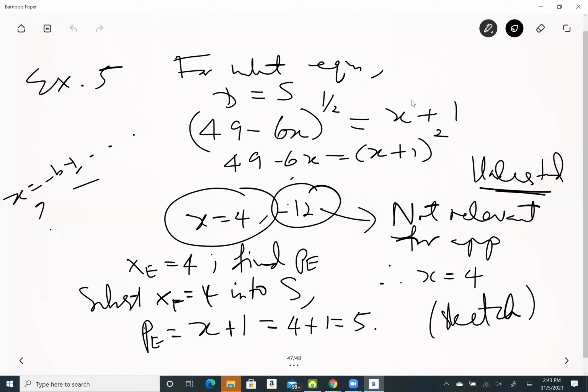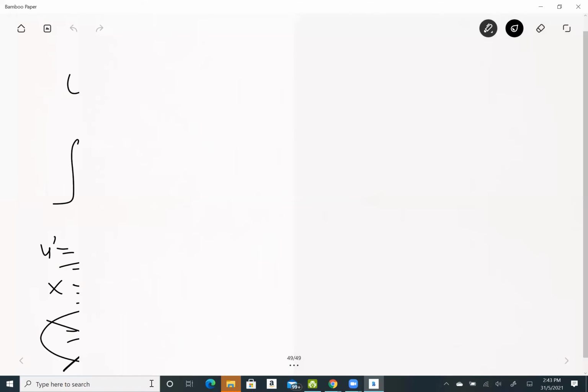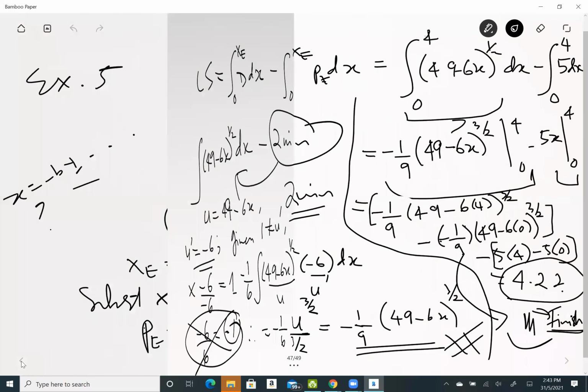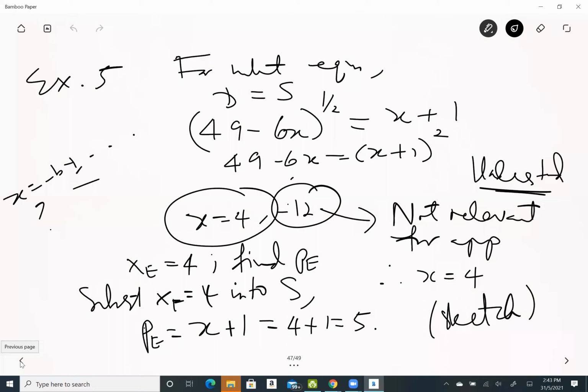So therefore, we can also now find the producer surplus. So producer surplus is, as we know, the area between the market price and the supply function. So if you look at the book, example number 5, on the left side, you will have the diagram there.